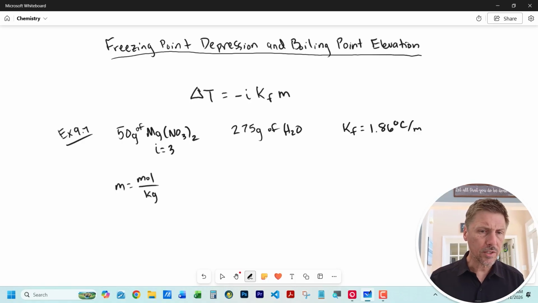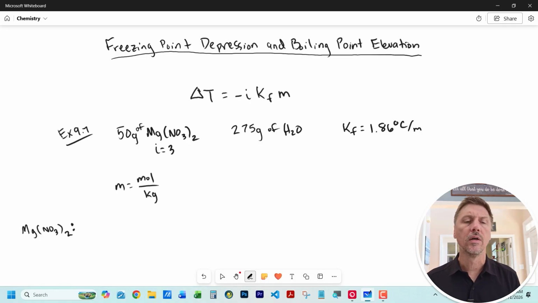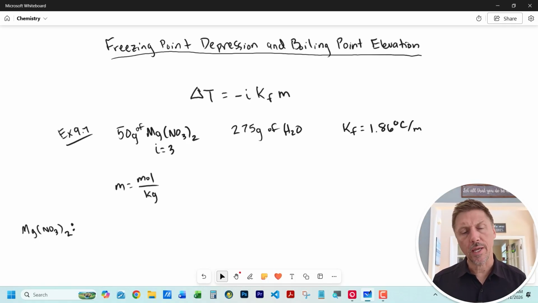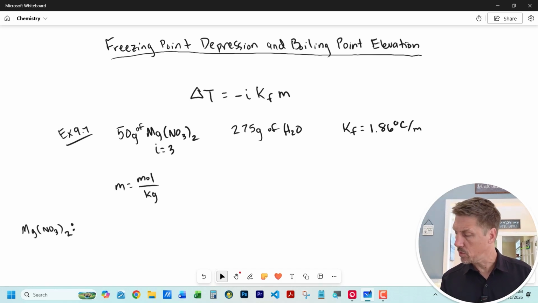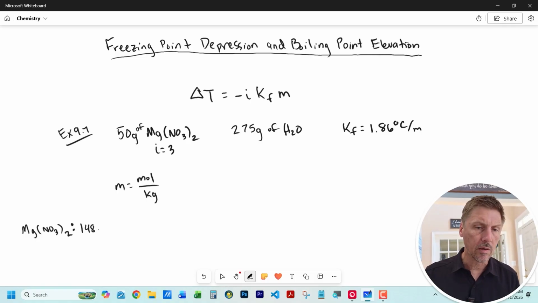So let's do that quick calculation down here. We go to our periodic table to see what the molar mass is of MgNO3, and when we plug in all of those numbers into our calculator, we come up with a molar mass of 148.33 grams per mole.